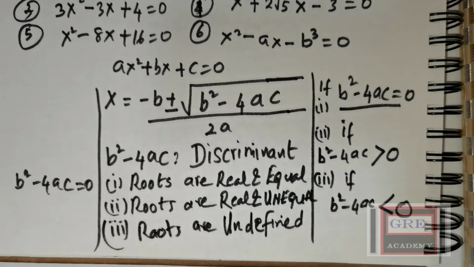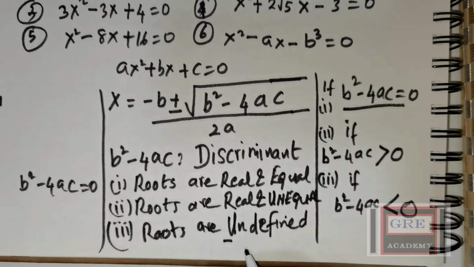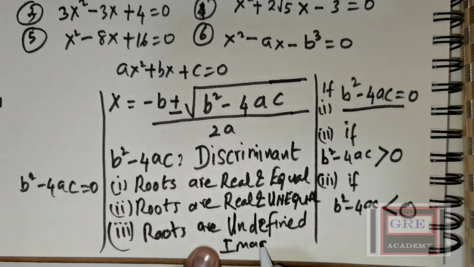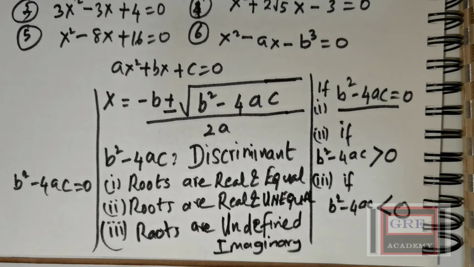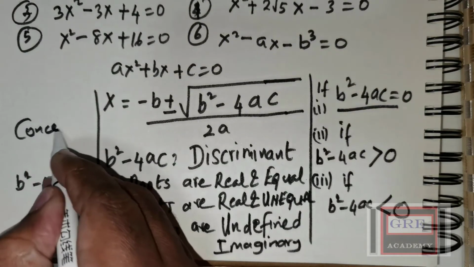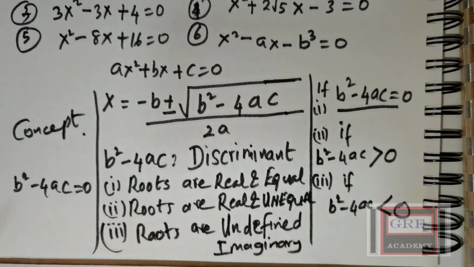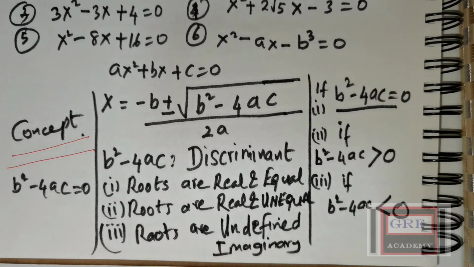This is the best way to write it. Sometimes they say the roots are imaginary. Some books use this word imaginary. This is also okay. Having given you this concept, this is an important concept. You should know this by heart. This concept is critical. Having given you this concept, let us proceed to do these questions.